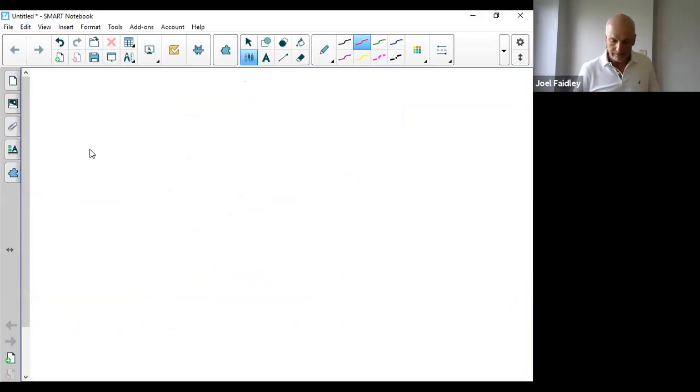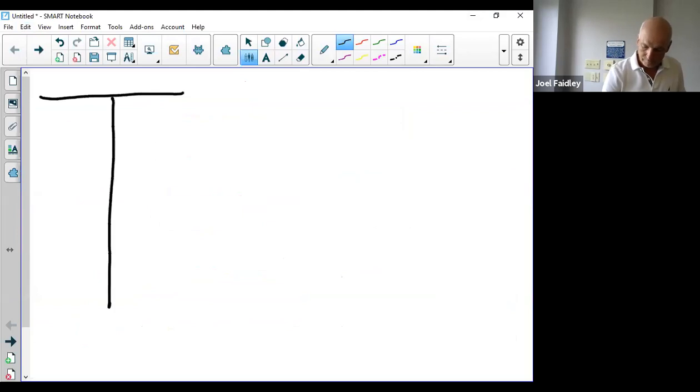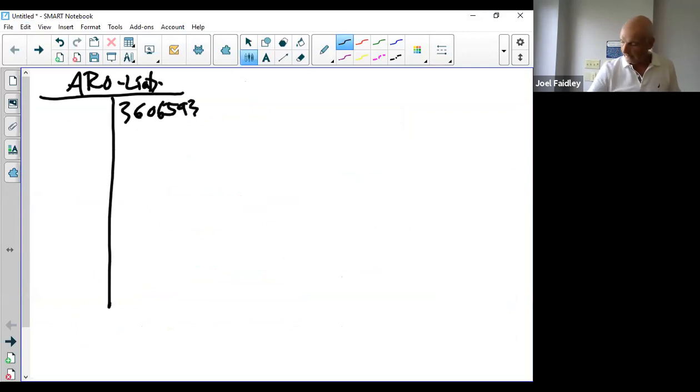All right, so what we have here is ARO liability, which we said is 3,606,593. So the first year, we're going to multiply that by 2%. That's our cost of capital, right?